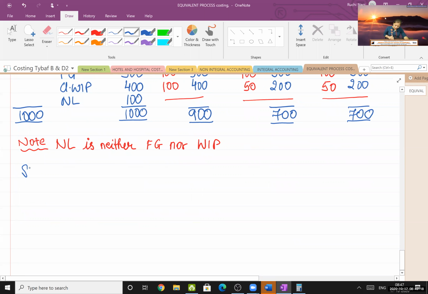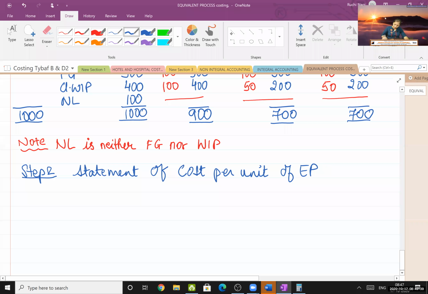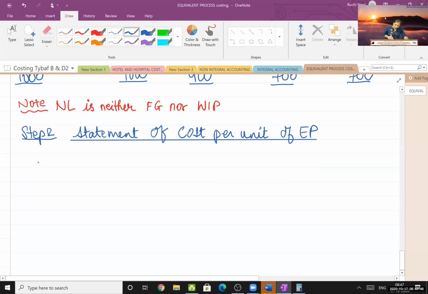Then come to step 2. Statement of, we will calculate what? Cost price. Statement of cost per unit of equivalent production. Okay, start. What will I take?